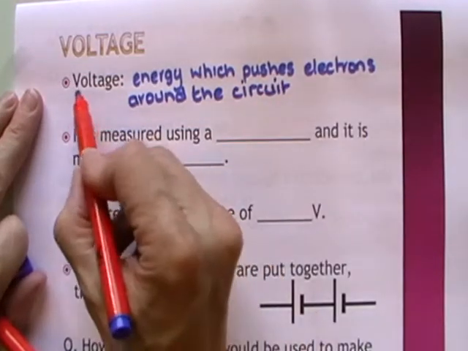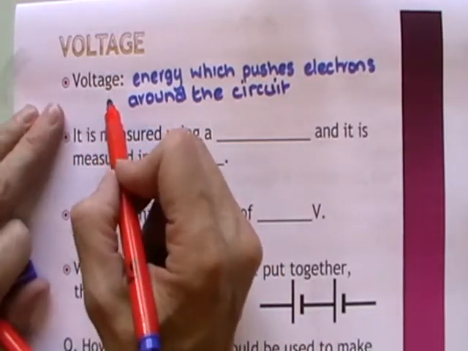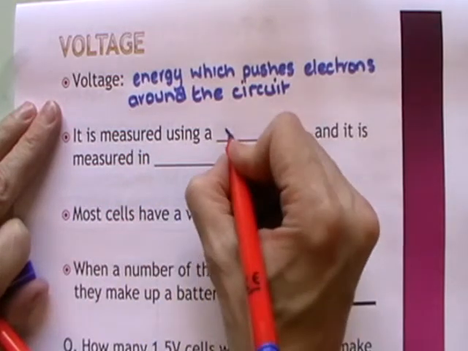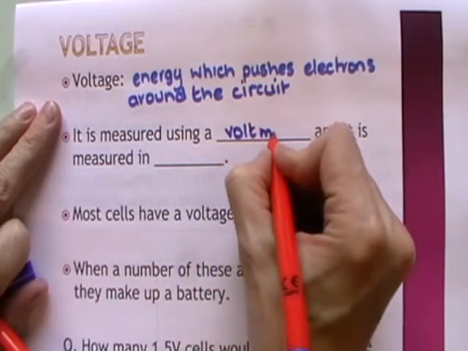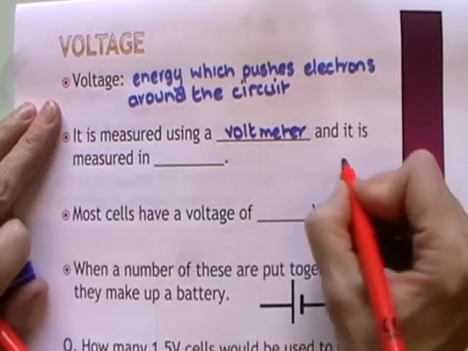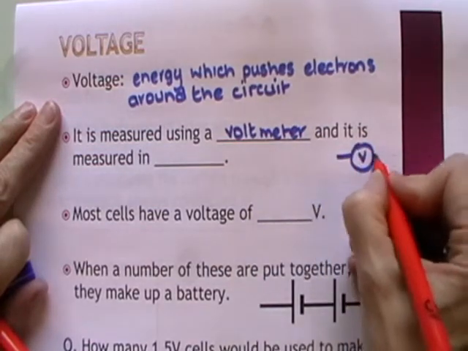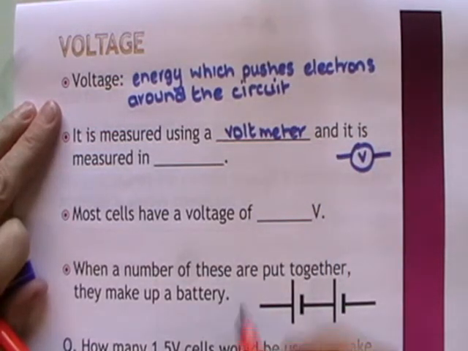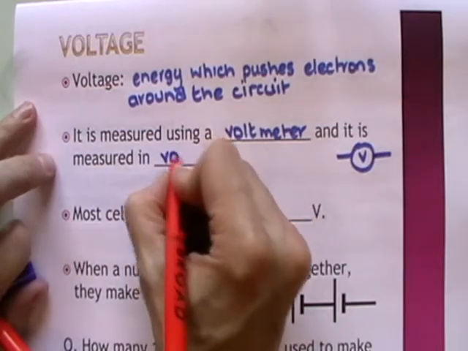So voltage is the quantity that you're measuring, and it is measured using a voltmeter. And you already know its symbol, and its symbol is a V with a circle around it. And it is measured in volts, V-O-L-T-S.